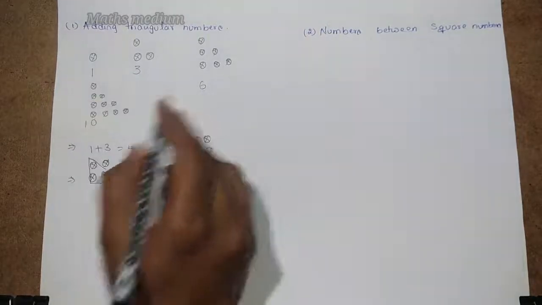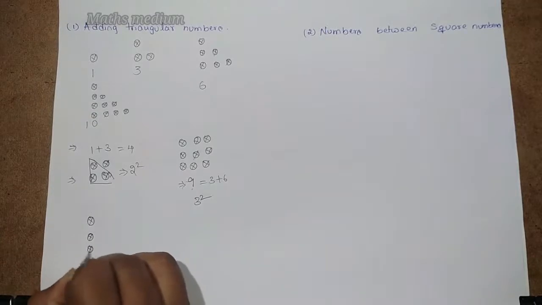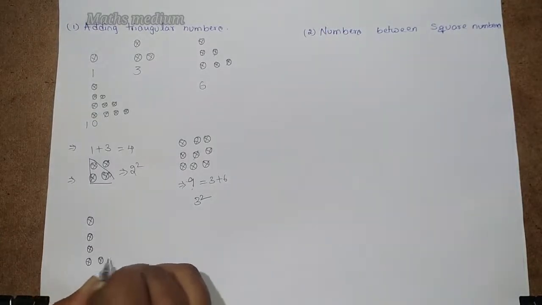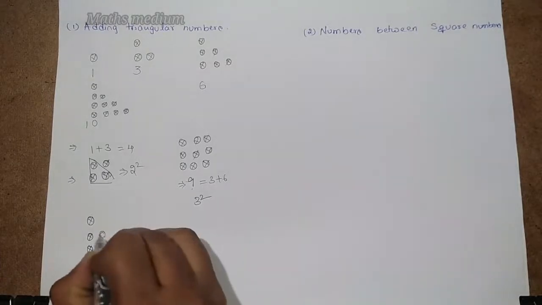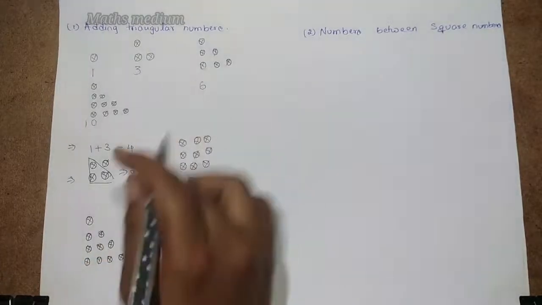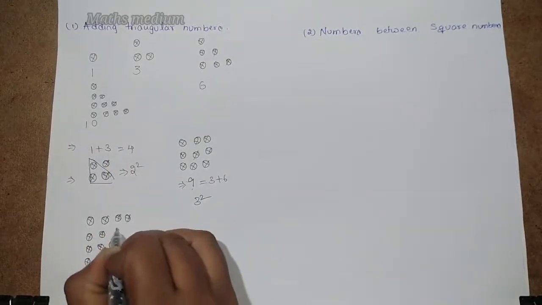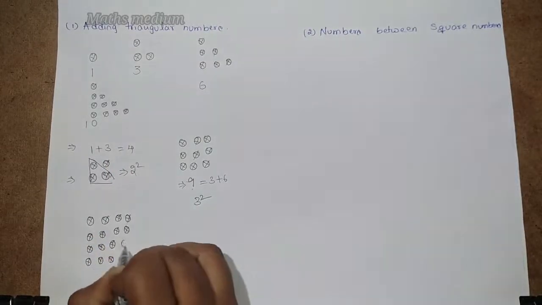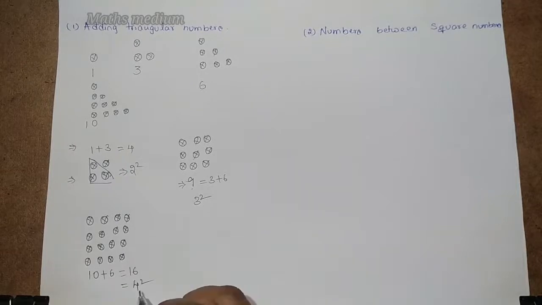If you add 6 plus 10, we take 1, 2, 3, 4, 5, 6, 7, 8, 9 and 10, and add this 6 to this 10. Here 10 plus 6 is equal to 16. It means it is 4 square.